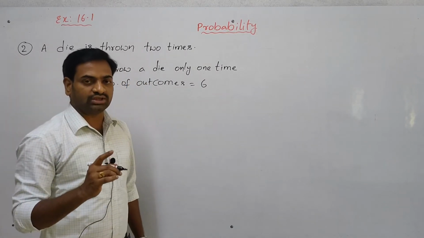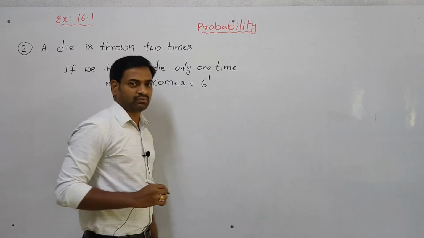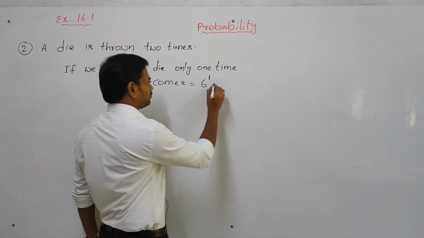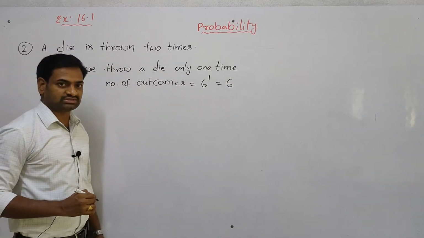The die is thrown only one time, so it is 6 power 1, which is 6. The number of outcomes is 6.